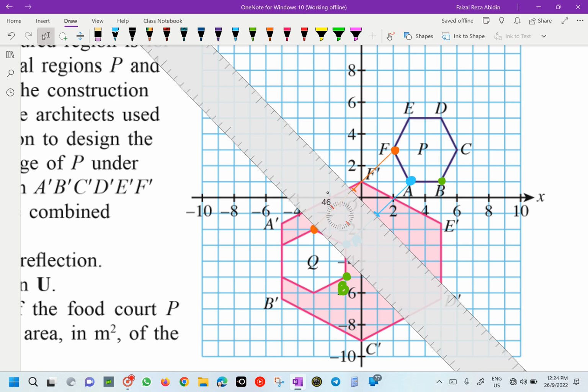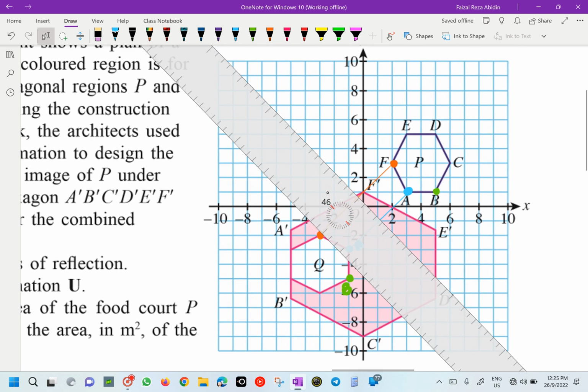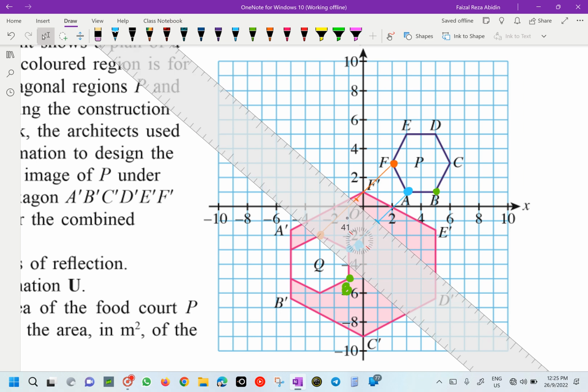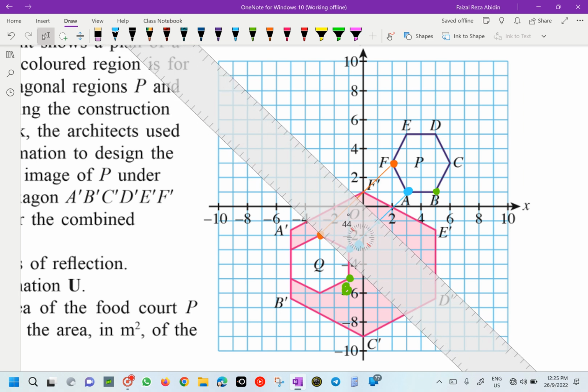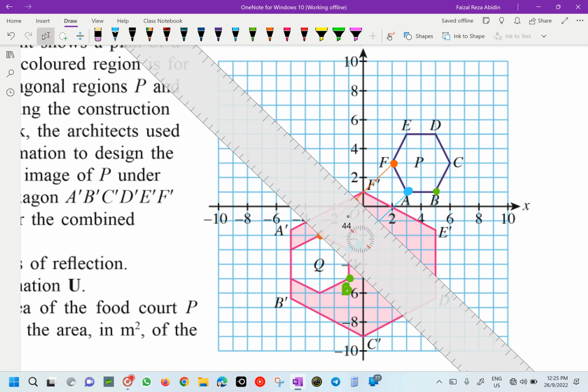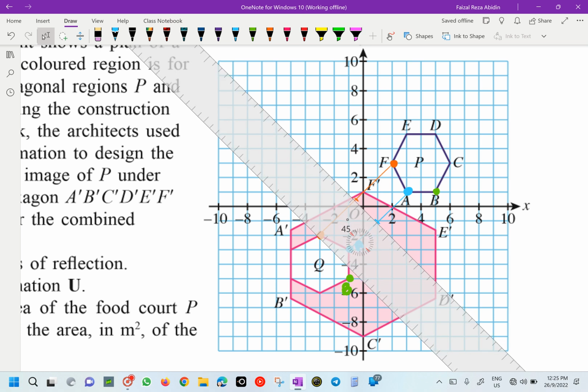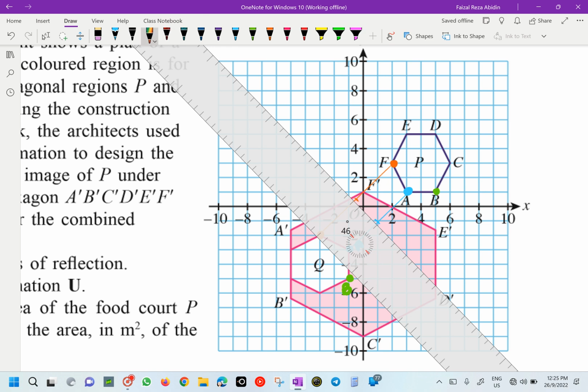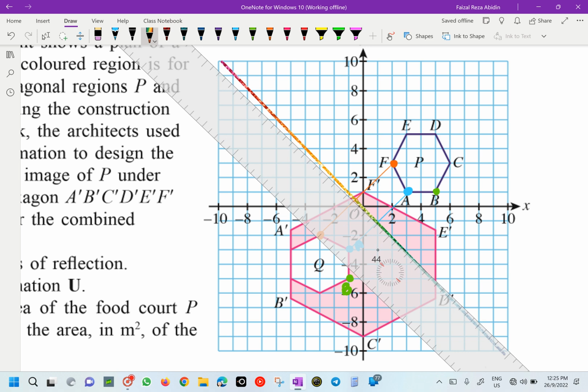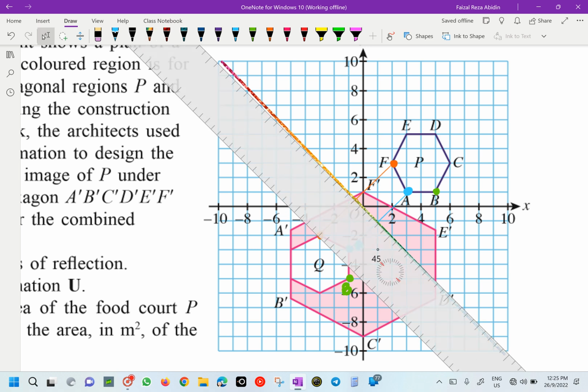This one, the inclination is to the left, so it's going to be negative. Do you understand? This one is your axis of reflection, in the middle, like a mirror. Reflection is indeed a mirror. This is our axis of reflection. Why is my axis of reflection not right? Wait a moment.